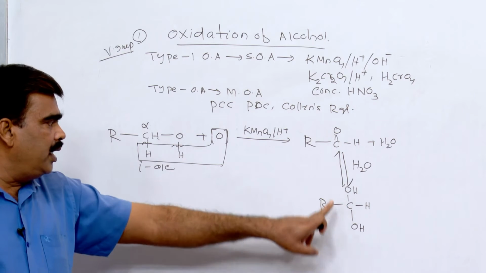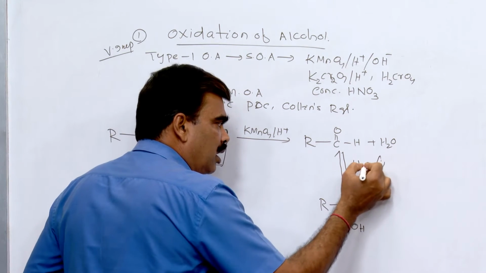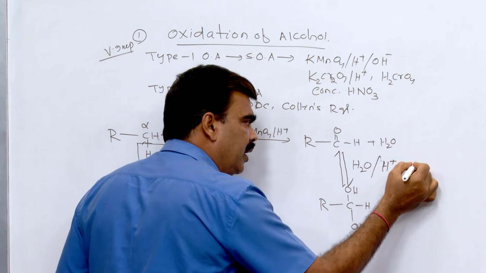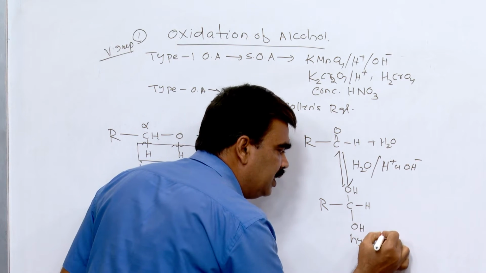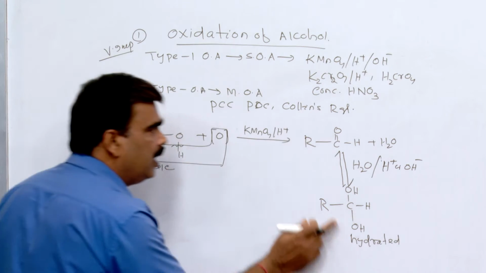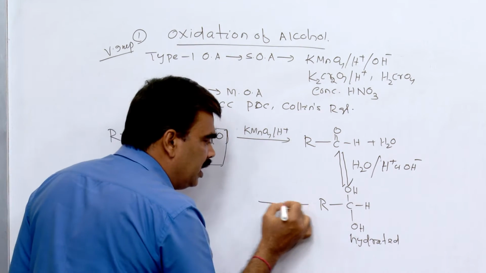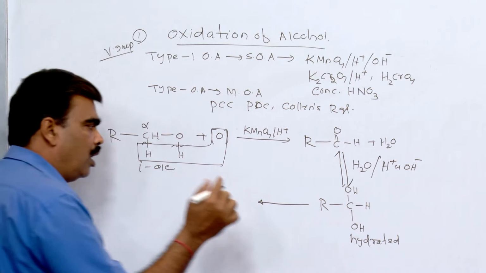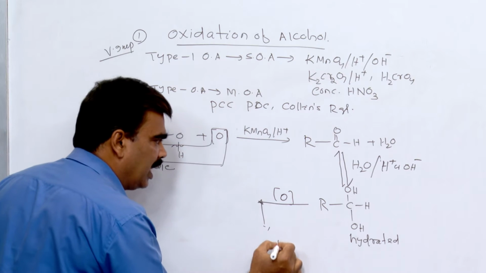So aldehyde reacts with water in presence of acid or alkali, it makes its hydrated form. This hydrated aldehyde remains in equilibrium with the aldehyde. Then this molecule is highly unstable. It undergoes further oxidation to give you carboxylic acid.